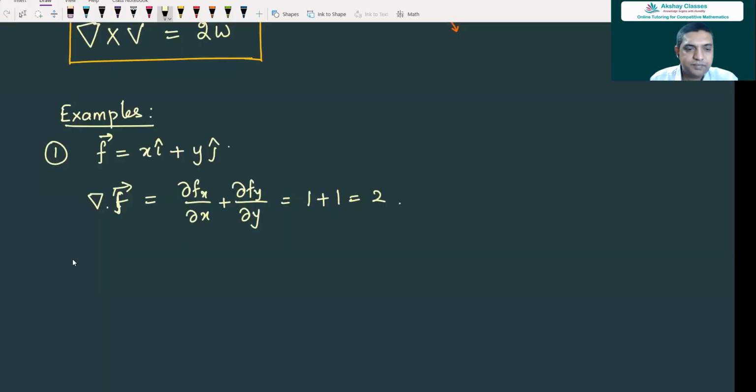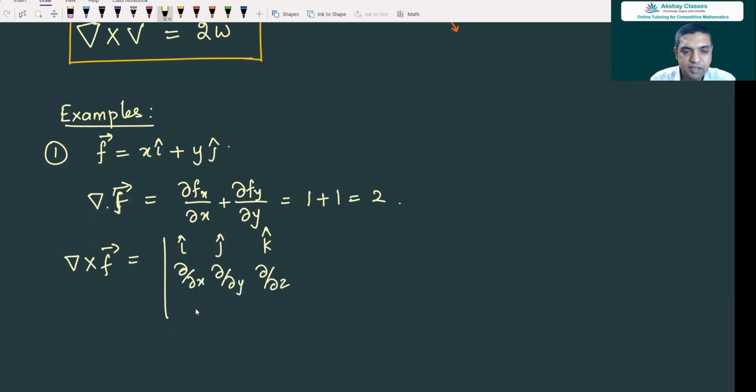Look at the curl. i, j, k, dou by dou x, dou by dou y, dou by dou z, x, y, 0.